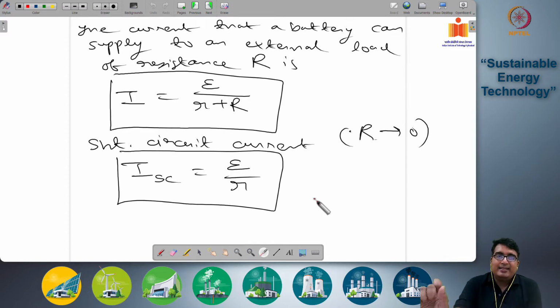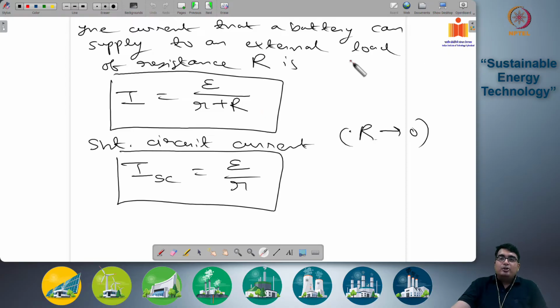So in this case, the current that is flowing is the electromotive force, the potential between the two terminals, divided by the total resistance, which is the internal resistance small r plus the external resistance capital R, correct?